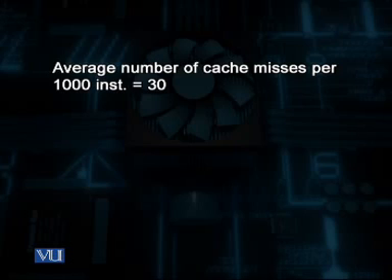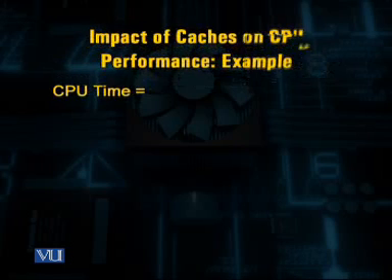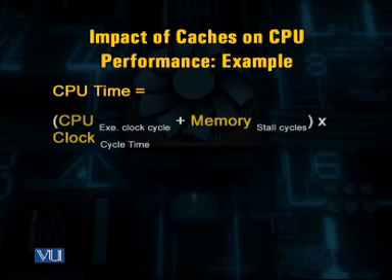For this, we can find this value by considering our expression for CPU time, which is equal to the CPU execution clock cycles plus the memory stall cycles, both multiplied by the clock cycle time.